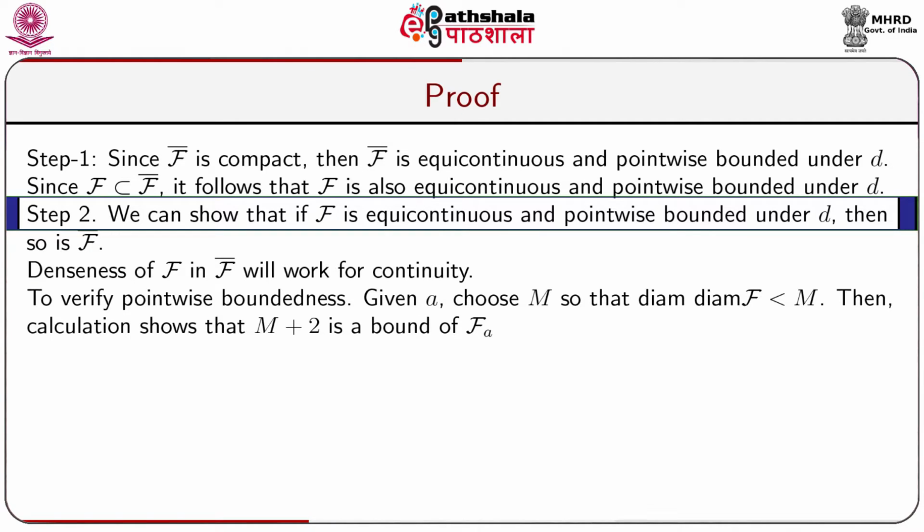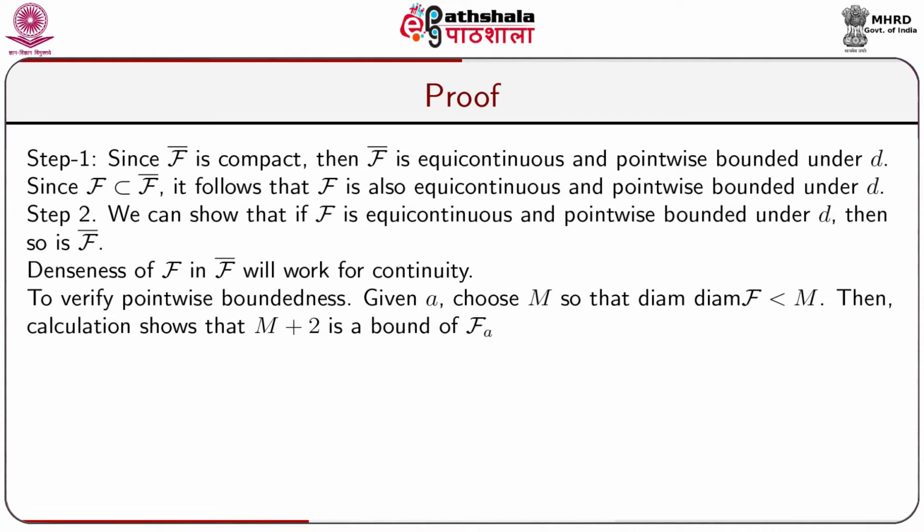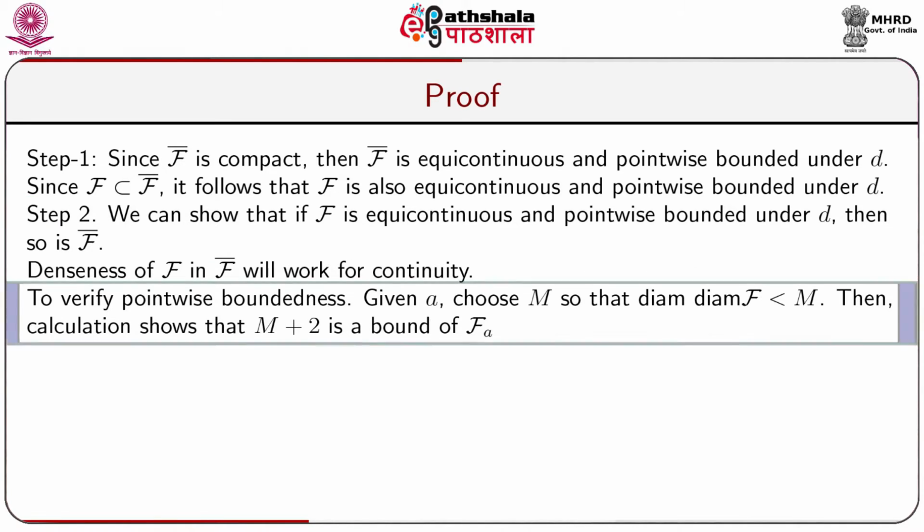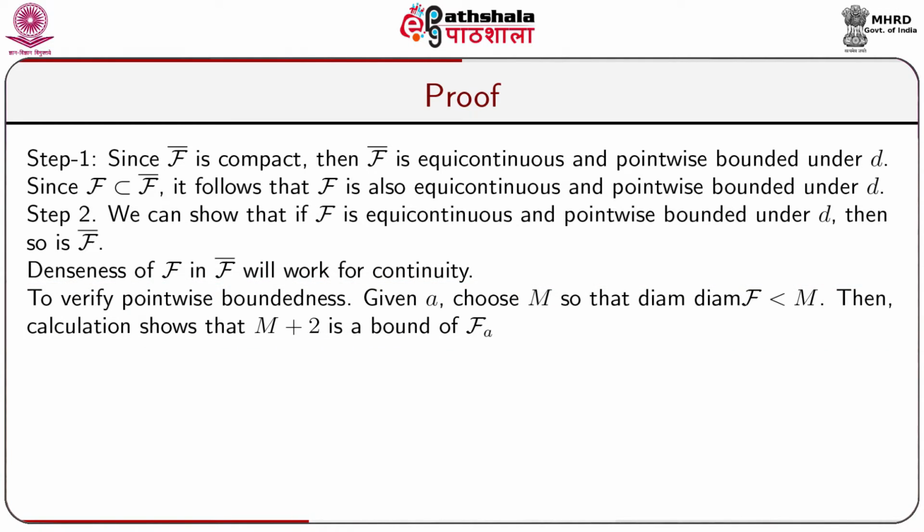We can show that if script F is equicontinuous and pointwise bounded under D, then so is script G. In fact, denseness of script F in G will work for this. To verify pointwise boundedness at a given a, choose capital M so that the diameter of script F_a is strictly less than capital M. Then calculation shows that M plus 2 is a bound of script G_a.